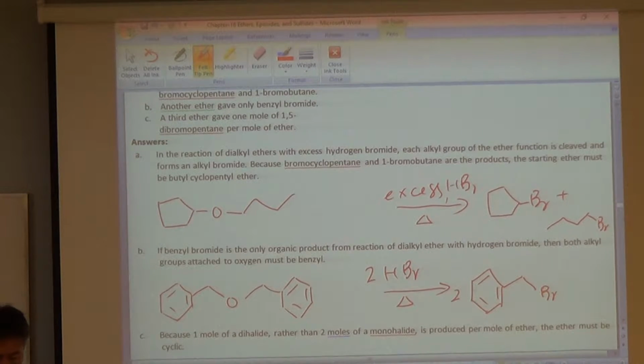Now pattern C. The ether gives one mole of 1,5-dibromopentane per mole of ether.